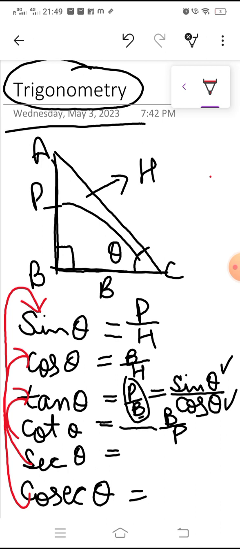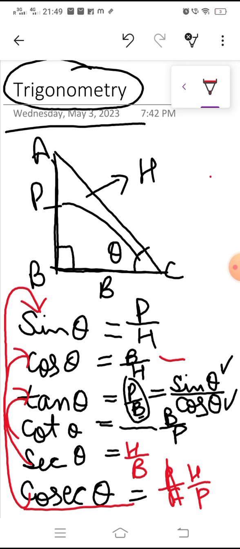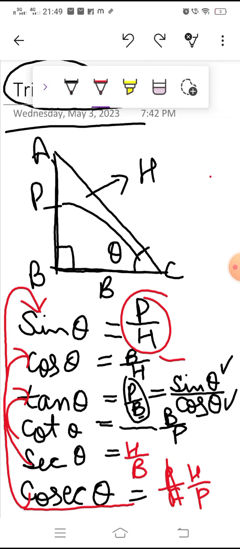Sec theta is just opposite to cos, meaning 1 upon cos, that means hypotenuse by base. And cosec is equal to, sorry, hypotenuse upon perpendicular. Why? Because this is just opposite to sine theta. So these are the trigonometric ratios that we will use here.